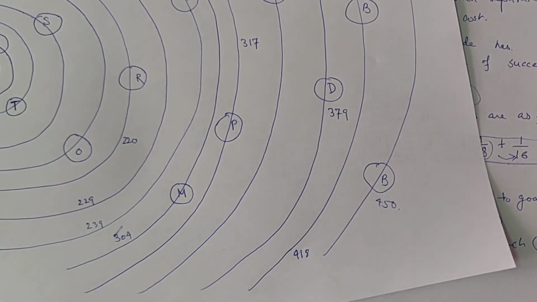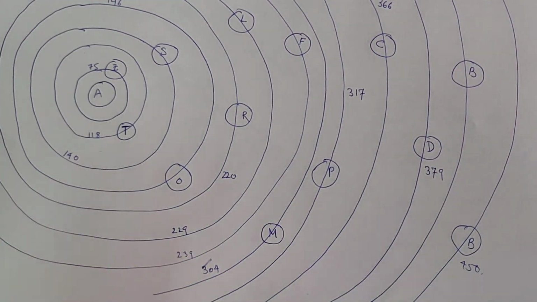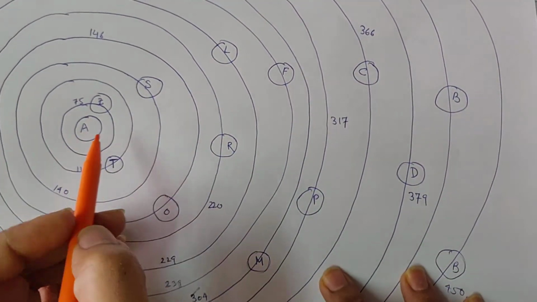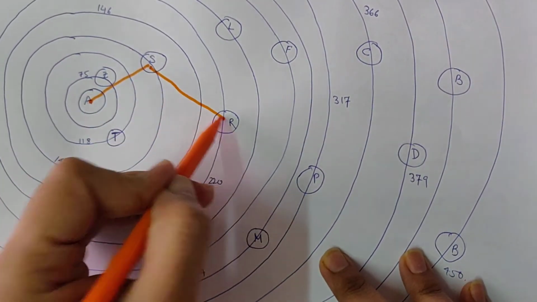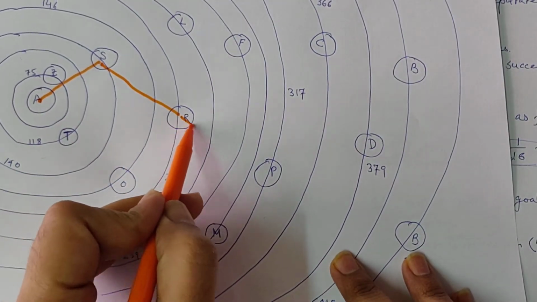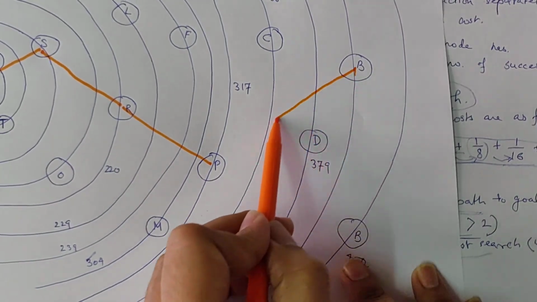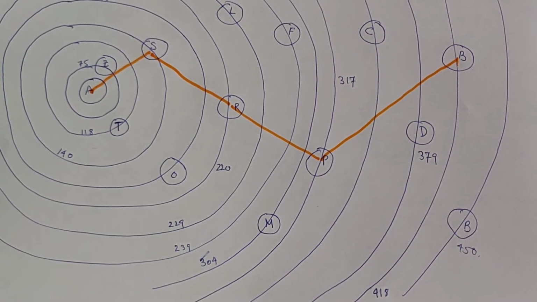But what I want to point out here is what is our actual path. Our actual path is A S R P B. So it is like A, S, R, P, and from P, B. So this is our actual optimal path.